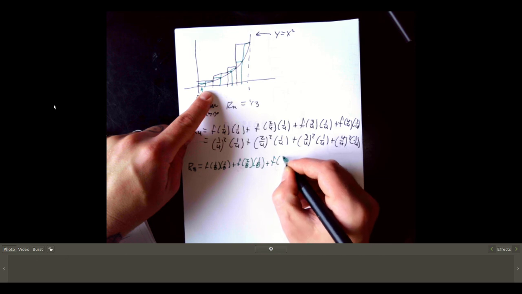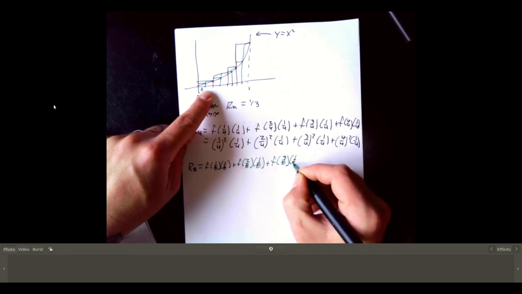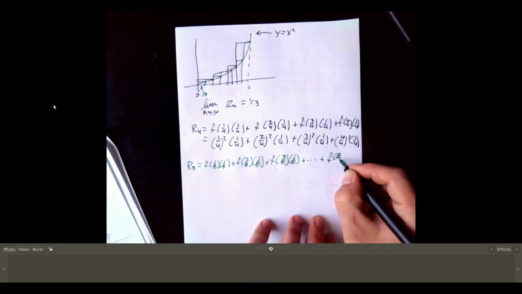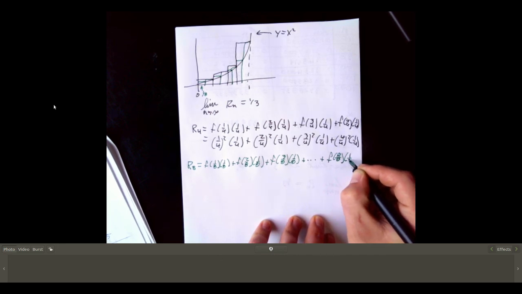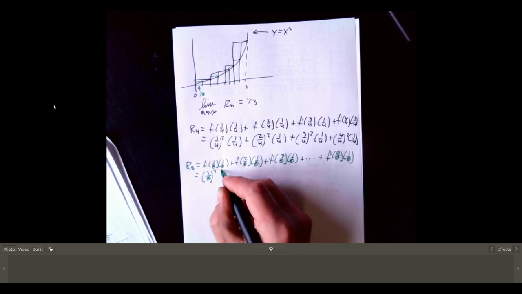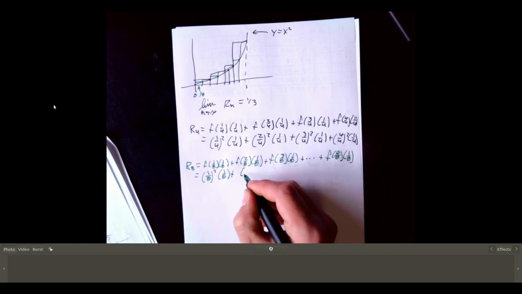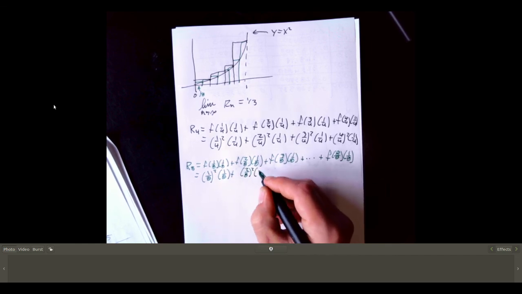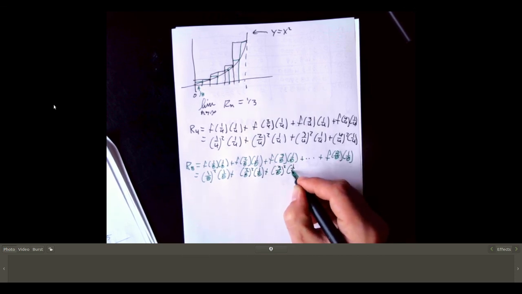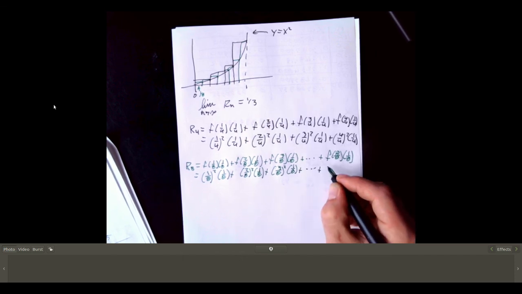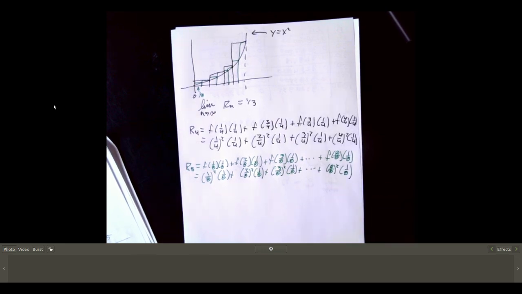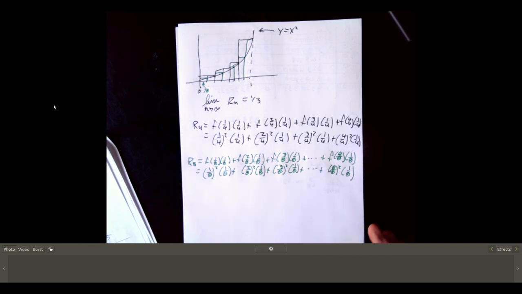Then f of 3/8 times 1/8, and this pattern would continue until we get f of 8/8 times 1/8, which would give us 1/8 squared times 1/8 plus 2/8 squared times 1/8 plus 3/8 squared times 1/8 plus and so on up to 8/8 squared times 1/8.